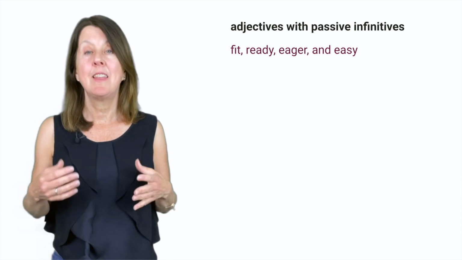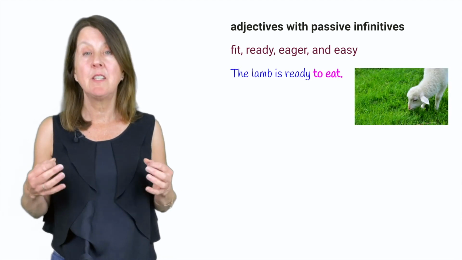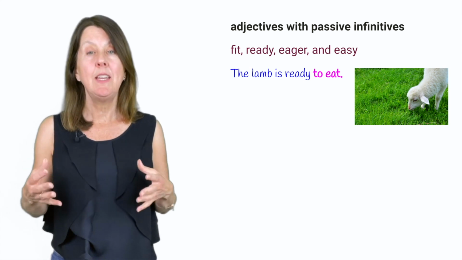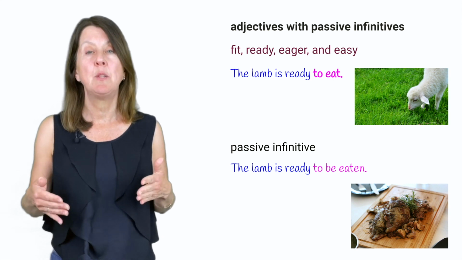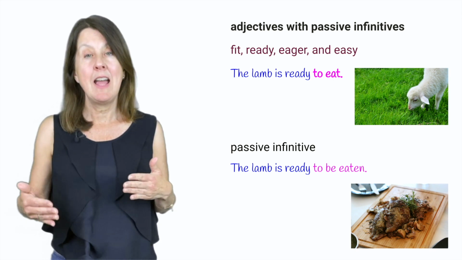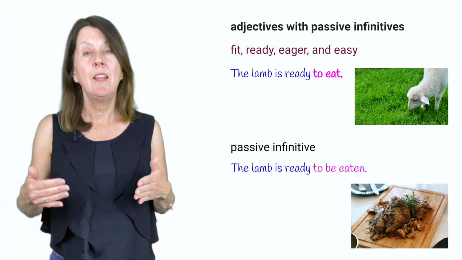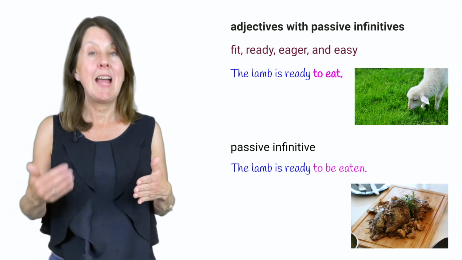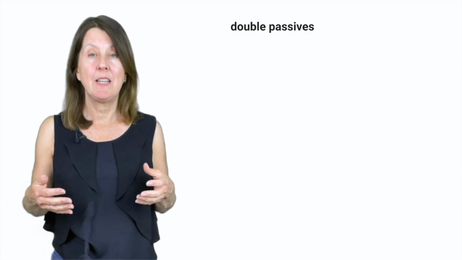If we say the lamb is ready to eat, we think we are referring to the actual animal eating. Whereas if we say the lamb is ready to be eaten, the lamb is receiving the action and we are eating the lamb.